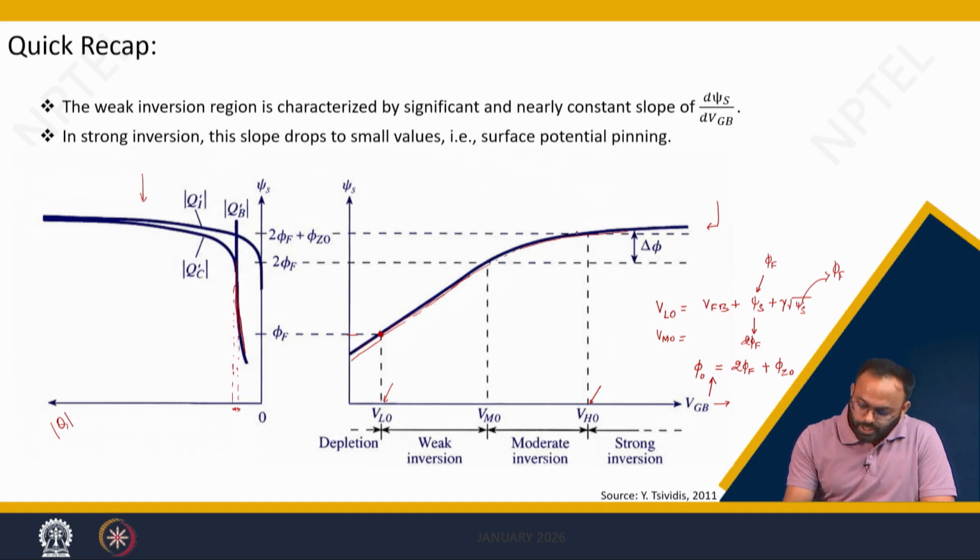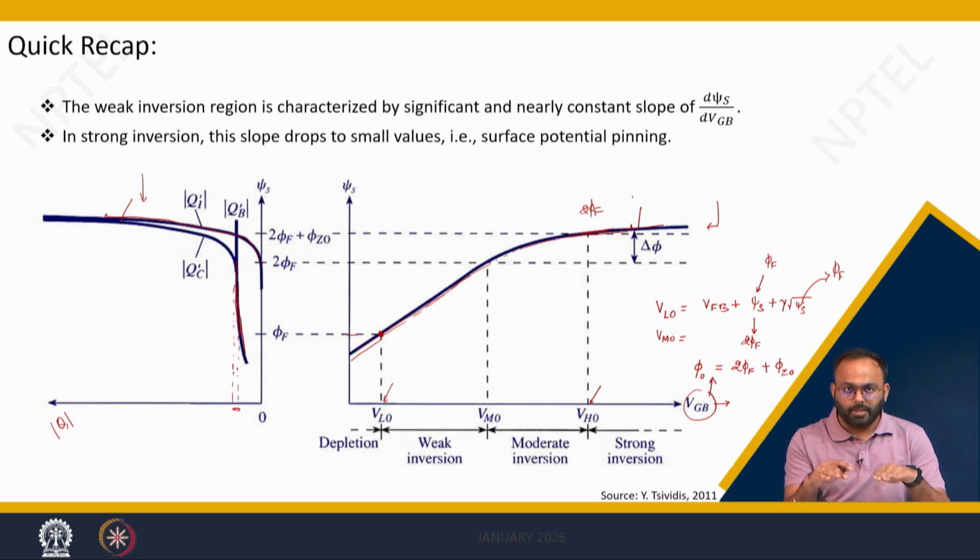But when you reach inversion, just beyond the 2 phi f value, this change in charge is exponentially related with psi s. So if you change a small bit of surface potential corresponding to a change in VGB, then there is a significant change in the charge, and hence at the bottom layer of the oxide, just near the semiconductor oxide interface, you will get plenty of charge.